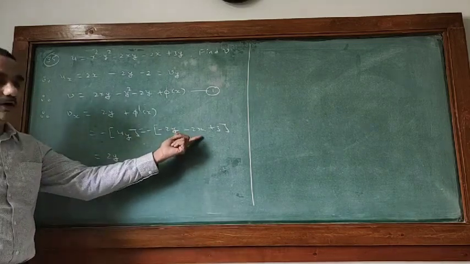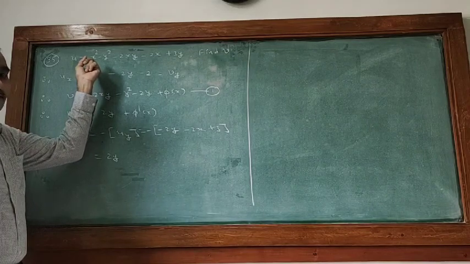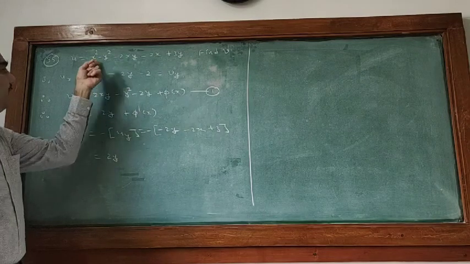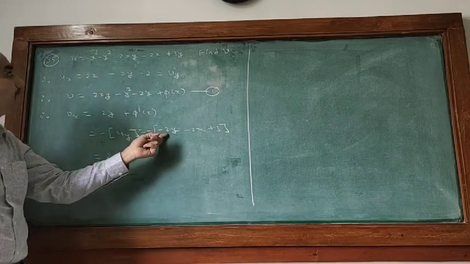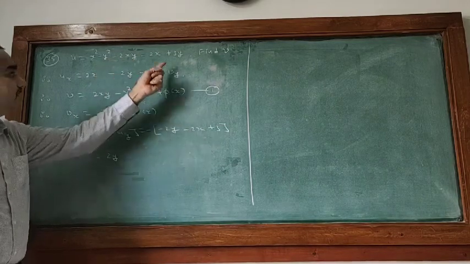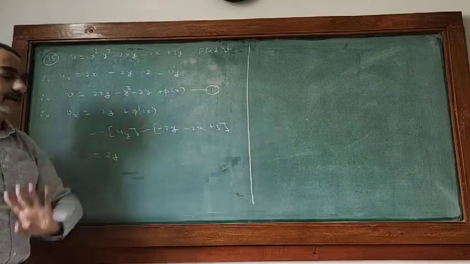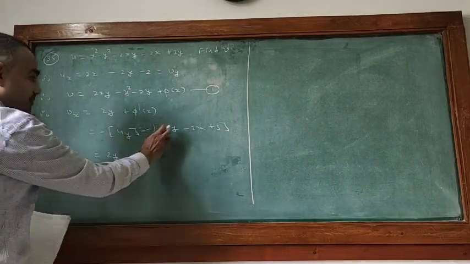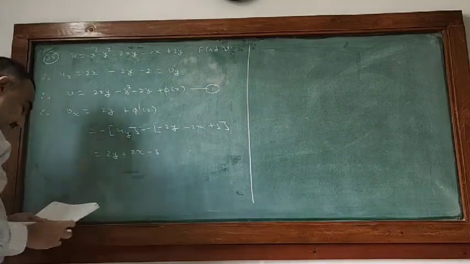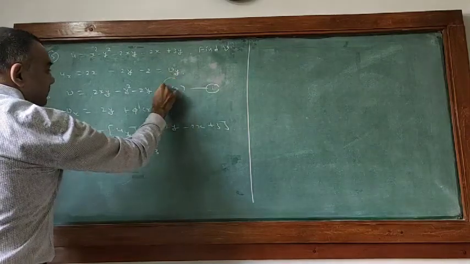Just see it once more. Differentiation of x square with respect to y is 0. That of y square is 2y, but the minus sign is there, so it is minus 2y. That of 2xy is 2x, so minus 2x. That of 2x is 0 and that of 3y is 3, and therefore plus 3. So this is equal to minus 2y minus 2x plus 3.